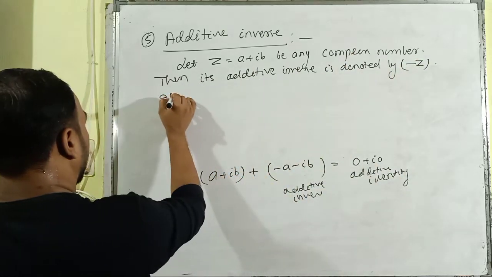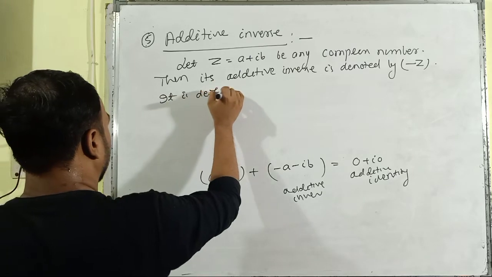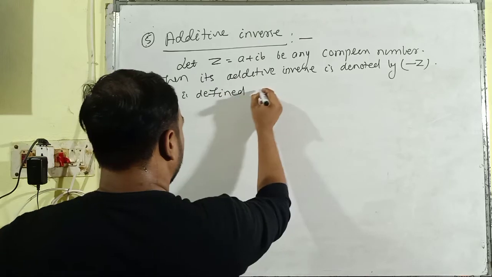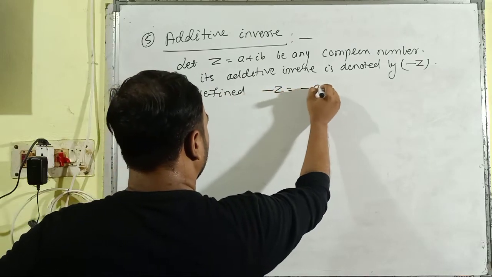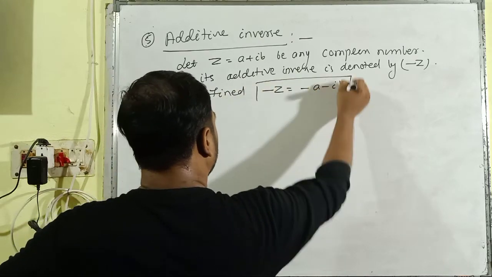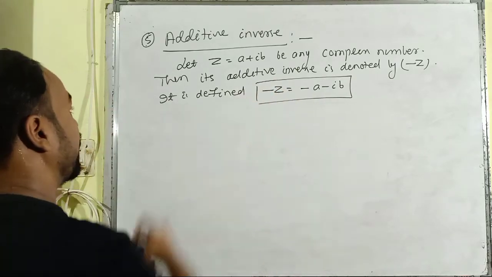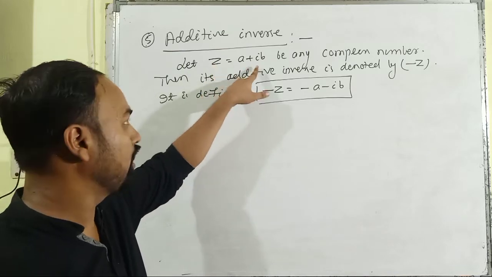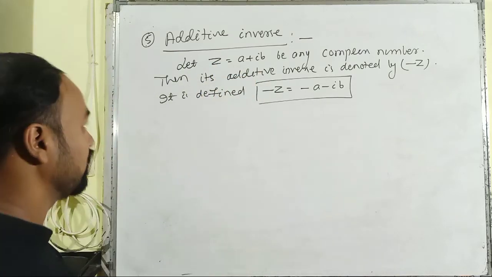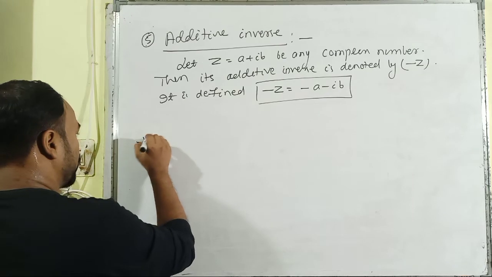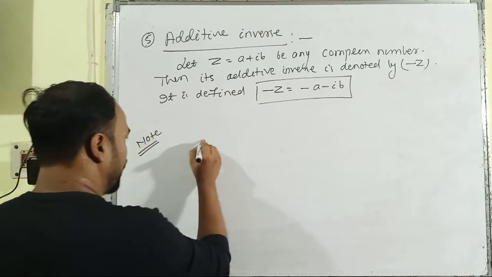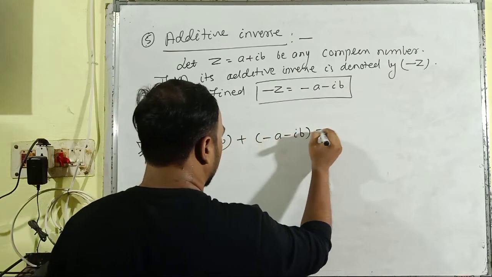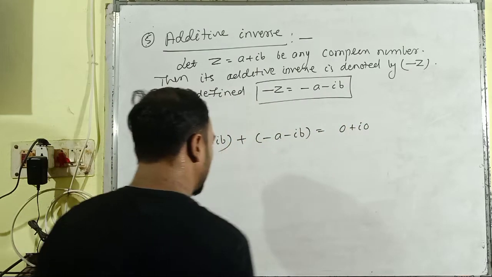It is defined as minus z is equal to minus a minus ib. That means we just multiply a negative sign on both sides. It will be minus z, and here it will be minus a minus ib. Note: a plus ib plus minus a minus ib gives us the result 0 plus I0.